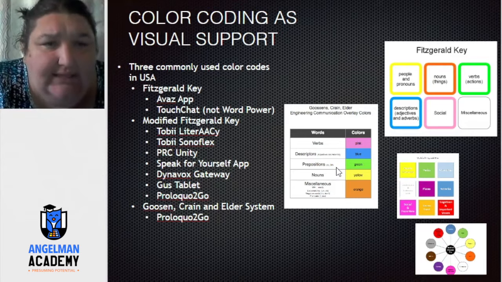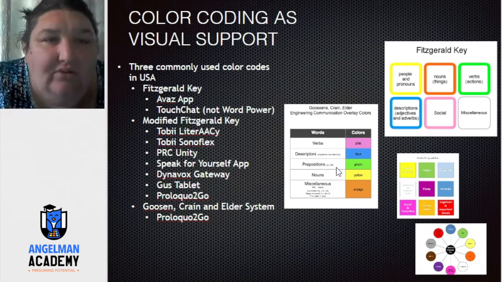Can you say that sentence again with a yellow word at the beginning? She wants to eat, he wants to eat, I want to eat. Put a yellow word at the beginning of that. And then your child is able to look at their system and say, okay, yellow word, I need a person word here.